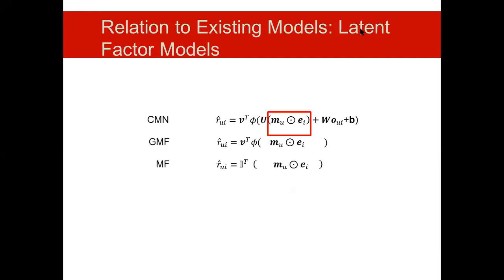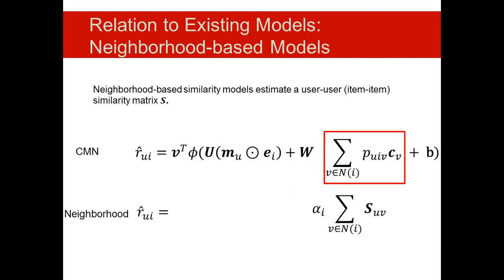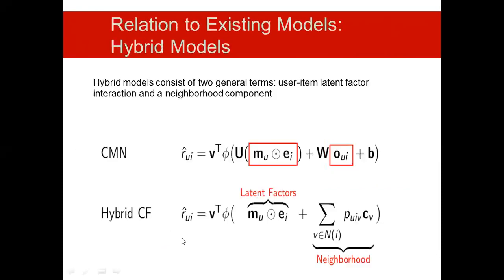For example, by dropping certain terms in our model, you'll get the traditional matrix factorization model. By dropping other terms, you'll get the traditional neighborhood model. And also you can get hybrid models by simplifying certain terms.